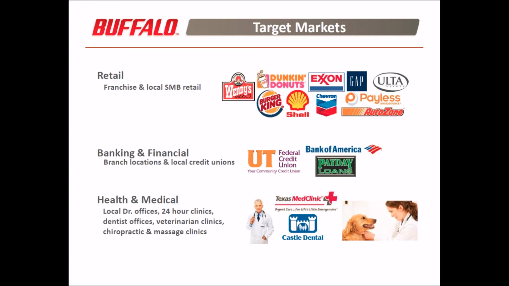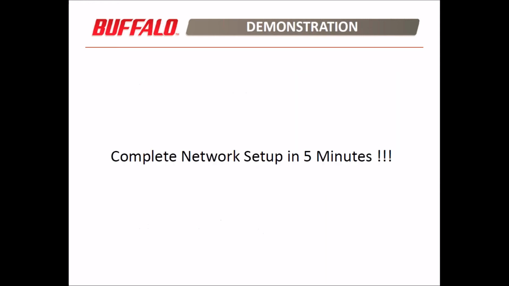The Axis cameras and the Buffalo NVRs are of utmost quality. And then smaller health and medical clinics. And that's not to rule out high-end consumer homes, larger homes that want a really advanced network, or small businesses, just about anything that fits into the sub-16 camera range, so small warehouses, etc.